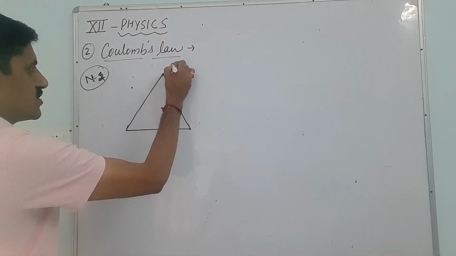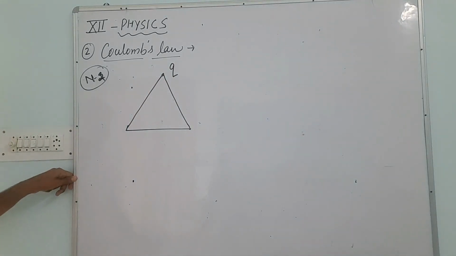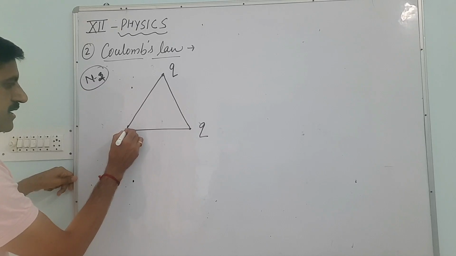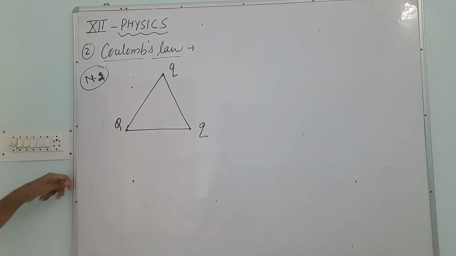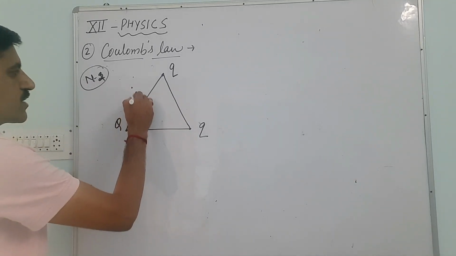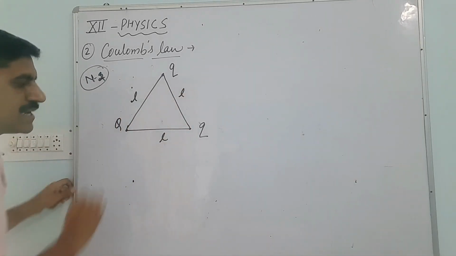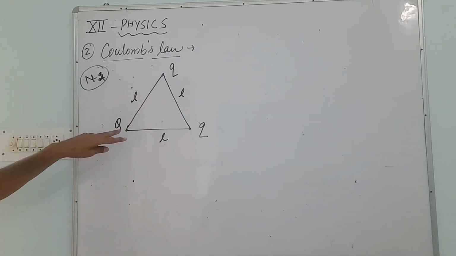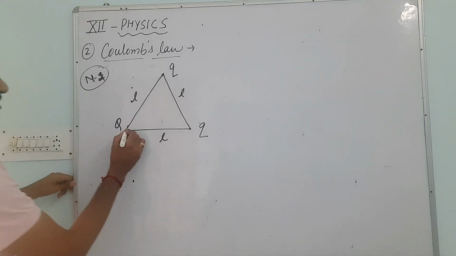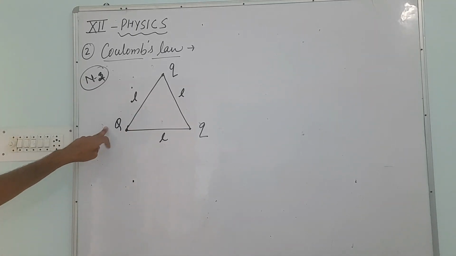Here the charge is Q, here the charge is Q, and here another charge capital Q. It's an equilateral triangle, each side is L. 3 charges are placed on the vertices of a triangle. Calculate net force on the capital Q. So the question is, calculate net force on the capital Q.